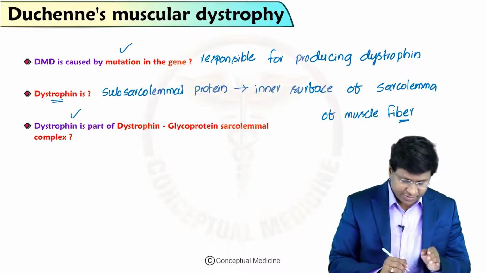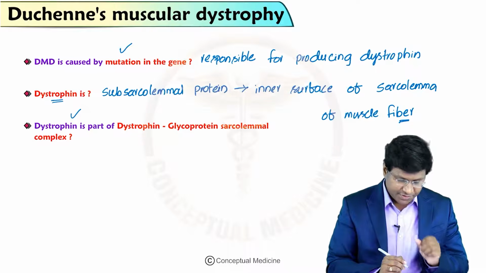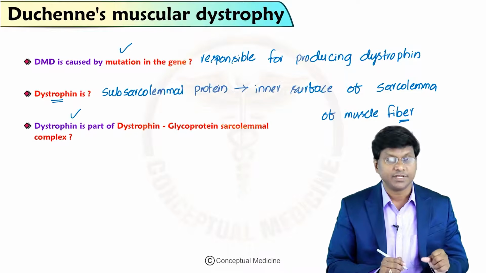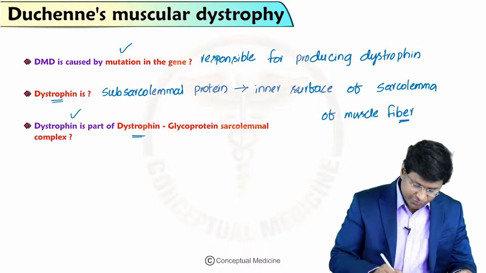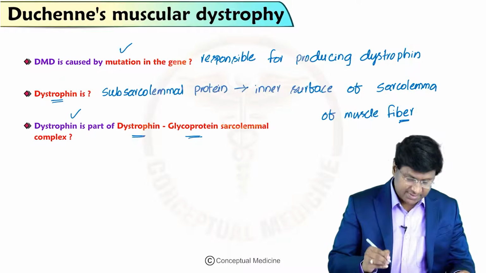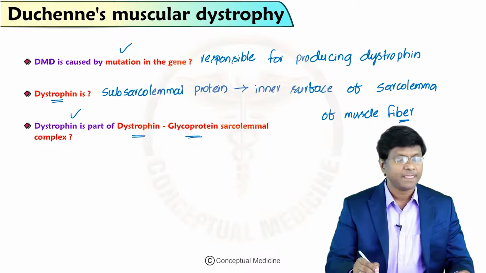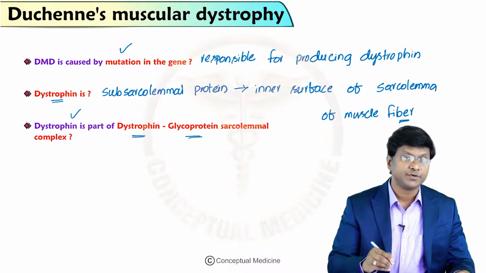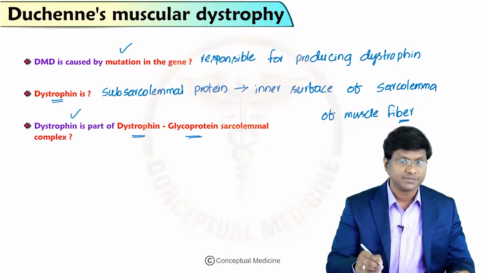And this particular dystrophin, which is a subsarcolemmal protein, is a part of the dystrophin glycoprotein sarcolemmal complex.